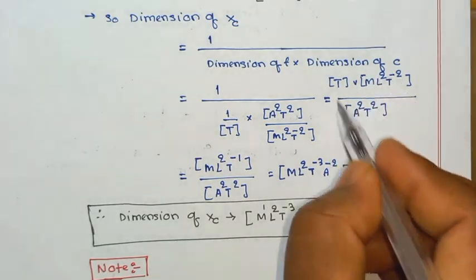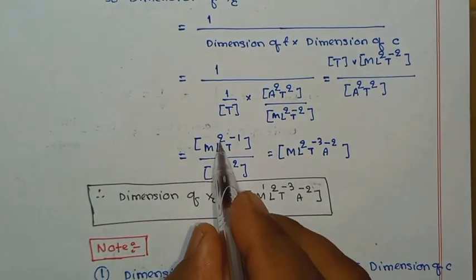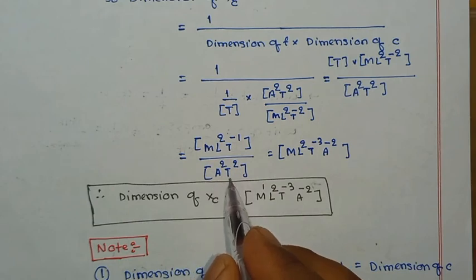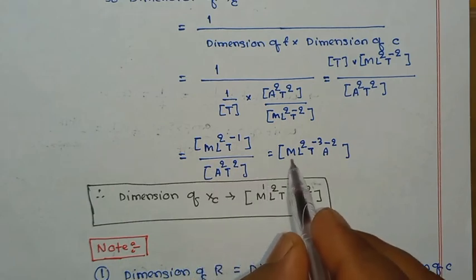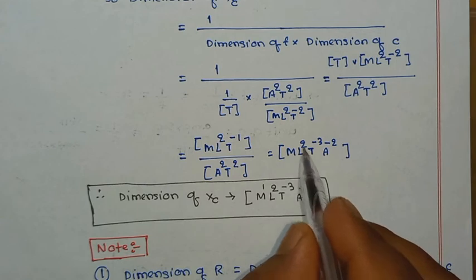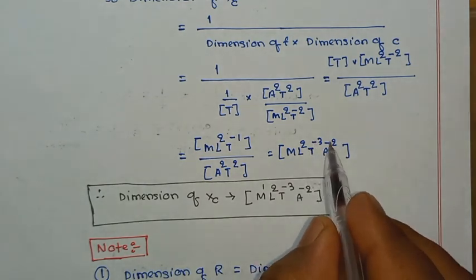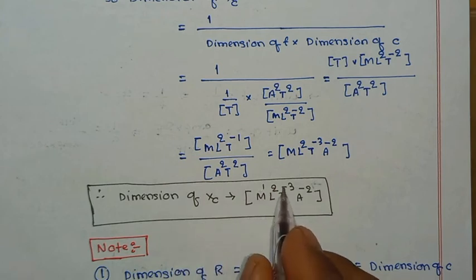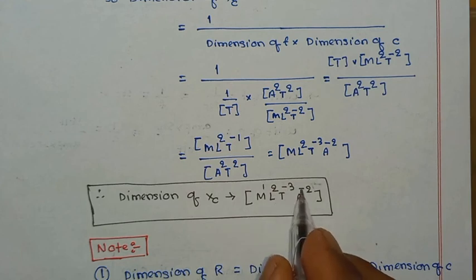So simplifying this we'll get ML square T minus 1 divided by A square T square, that is we'll get ML to the power 2 T to the power minus 3 A to the power minus 2, that is the dimension of XC is M to the power 1 L to the power 2 T to the power minus 3 A to the power minus 2.